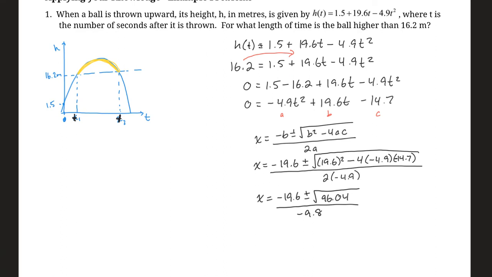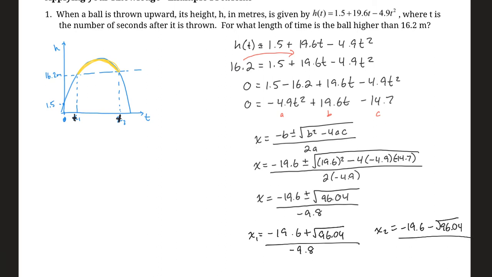So our first x value is going to be equal to negative 19.6 plus the square root of 96.04 over negative 9.8. And I want you to put that in your calculator. And our second answer is going to be negative 19.6 minus the square root of 96.04 over negative 9.8.